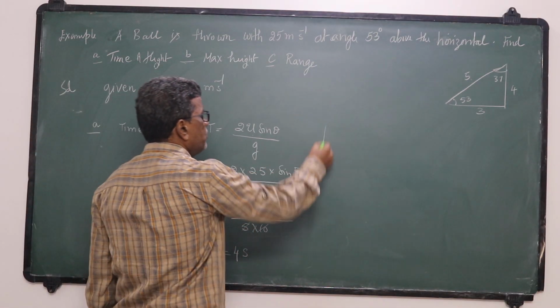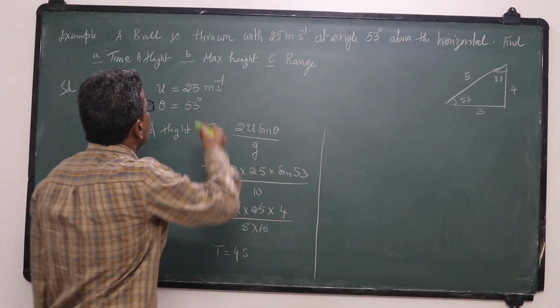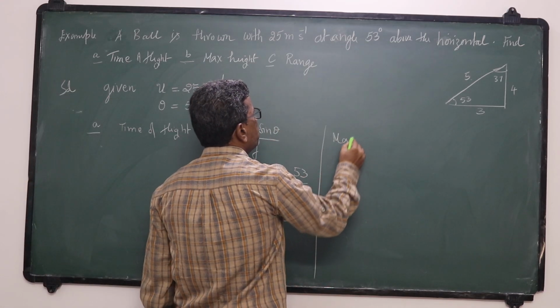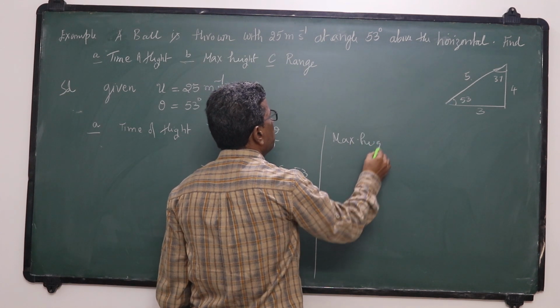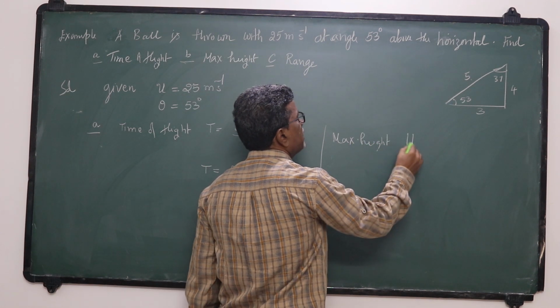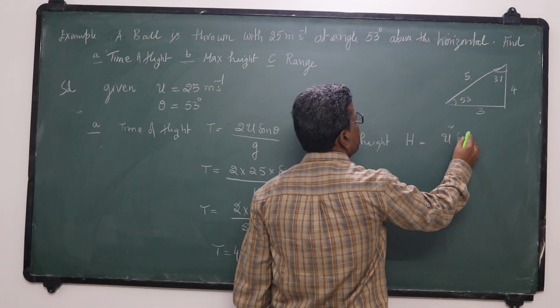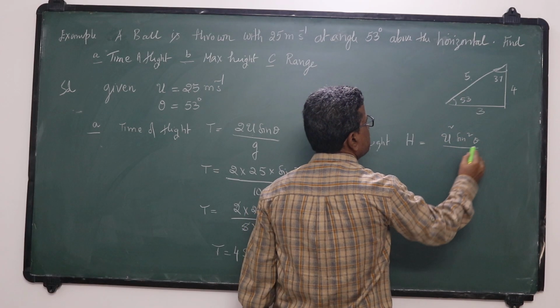B. Next we want the maximum height. Maximum height is given by the formula H, which yesterday we arrived at, U square sin square theta by 2g.